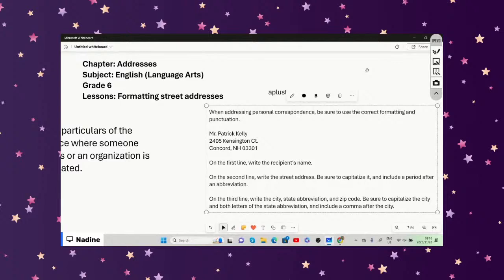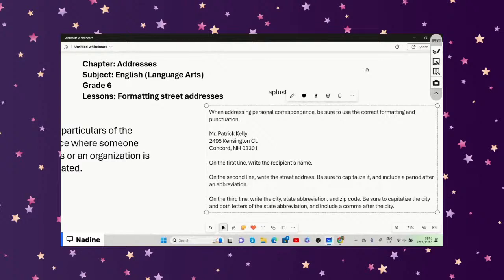We have to write a letter, not even an email, a letter. With sending letters, we still need to write the address on the top right corner of a specific letter. So when addressing personal correspondence, be sure to use the correct formatting as well as punctuation marks.